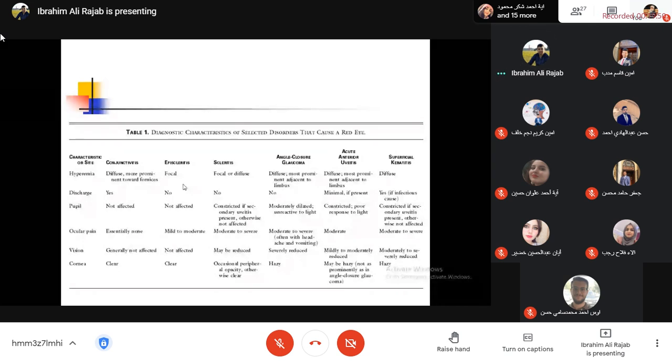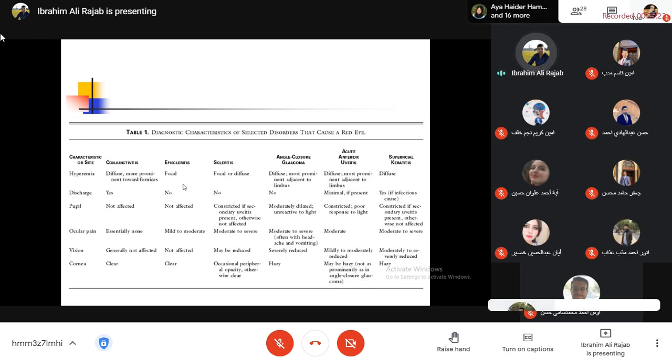Why do patients with acute angle closure glaucoma have blurred vision? Usually when there is a rise of intraocular pressure, the cornea will be hazy. The cornea will be edematous. Why? Because there is a layer in the cornea called endothelium. This layer of the cornea will pump fluid from the cornea to the anterior chamber, to the aqueous.